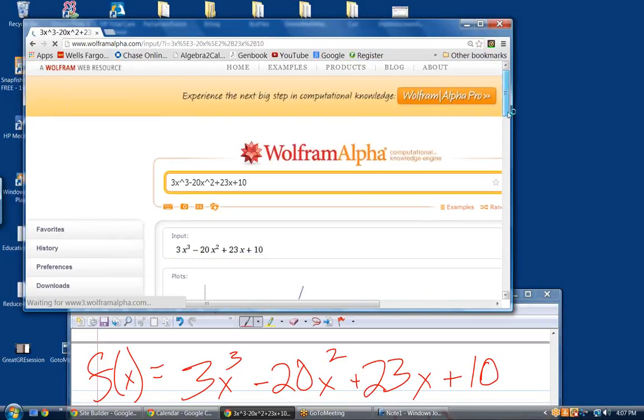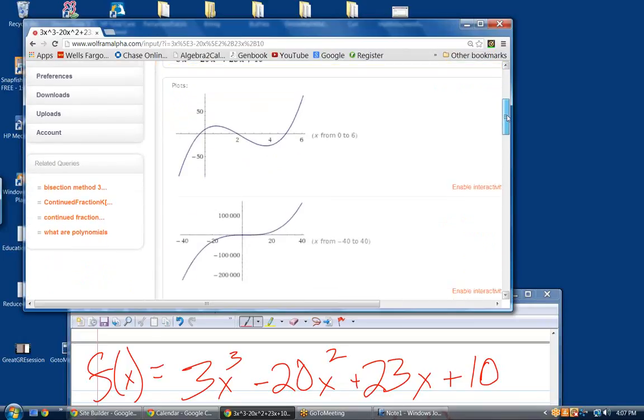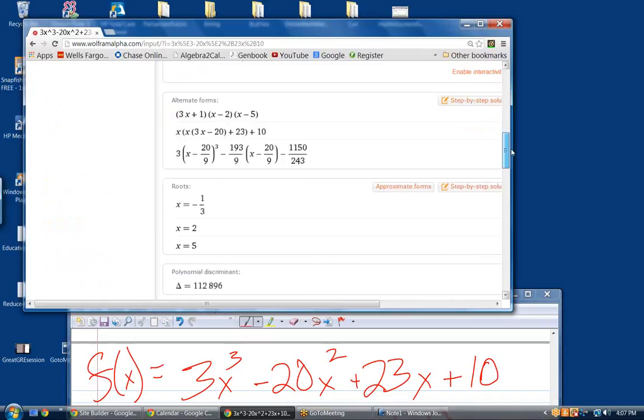One of the beauties is, unlike your calculator, it'll give you feedback as to what you put in. Sometimes, as you probably have discovered, if you don't get the right parentheses on your calculator, what you put in isn't what you think you put in. So that's the beauty of Wolfram Alpha. It immediately lists the polynomial, and it graphs it, and it gives you the zeros.